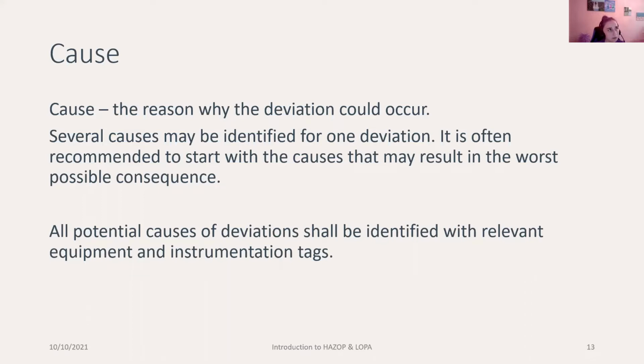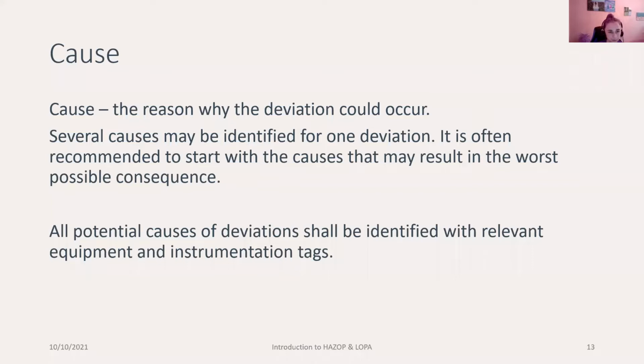What else can it be? That's not a good example. But again, there can be a few different causes for one specific deviation. We will go through that when we review the example of the worksheet. Okay, you identified the cause of the deviation.